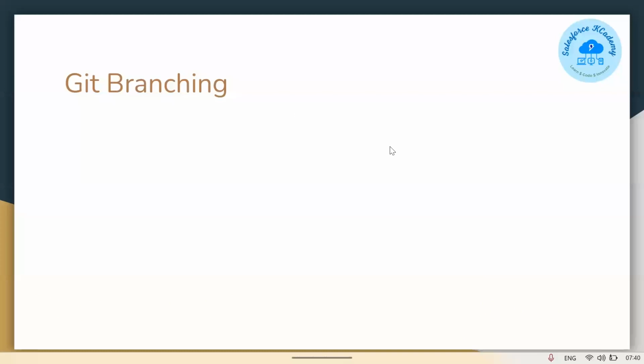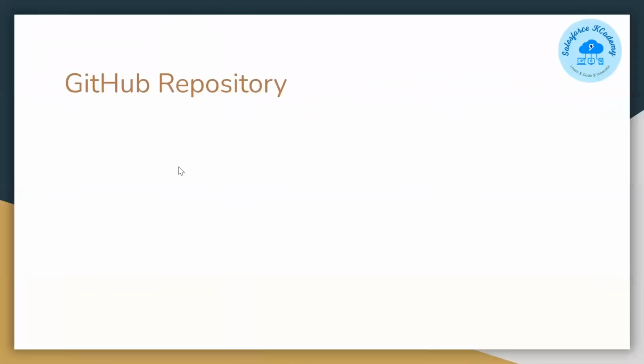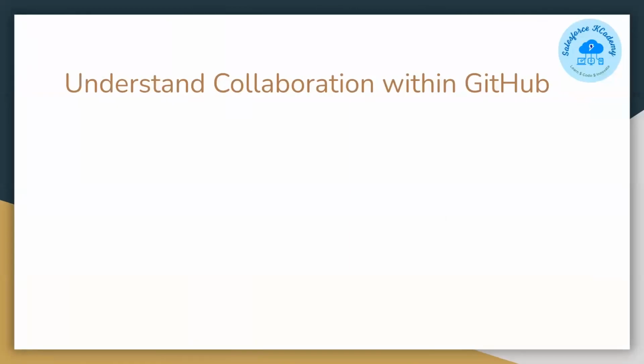Yesterday we saw how we can collaborate within GitHub, especially how to create a repository and, in that repository, create and delete files. We also used the commands git pull, git push, and commit.